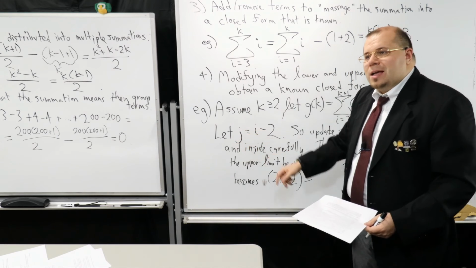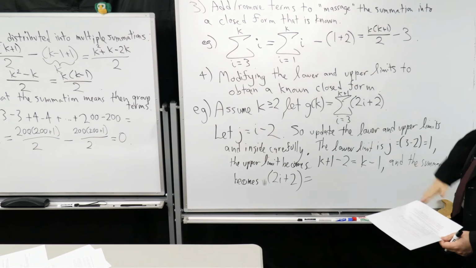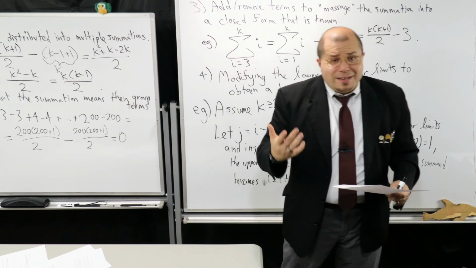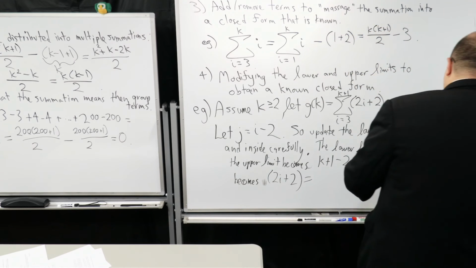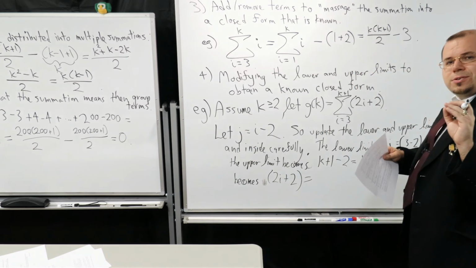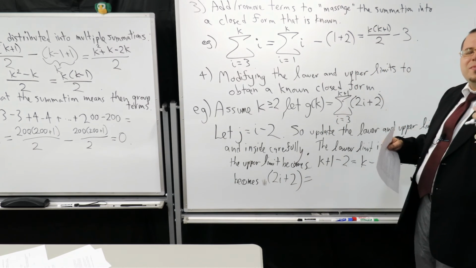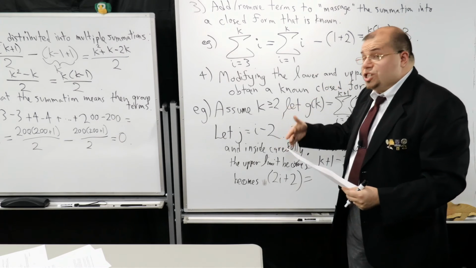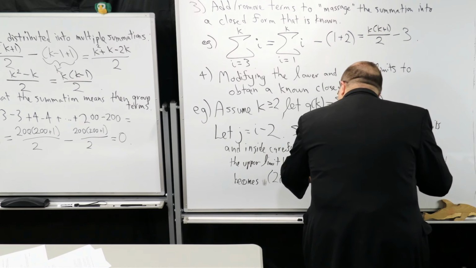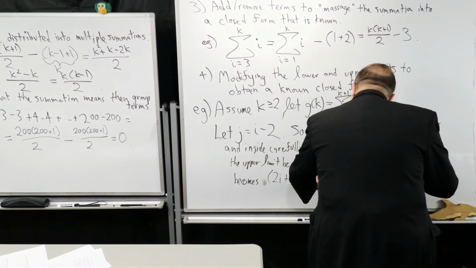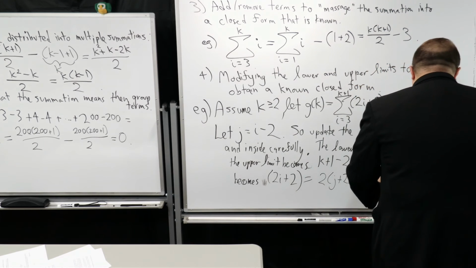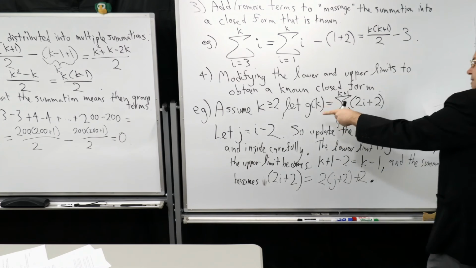So when I bumped everything down by 2, what actually happens is I add 2 to the summand inside. If you're not convinced, just take j is equal to i minus 2, rearrange that so it's in terms of i. So we have i is equal to j plus 2. Just add 2 to both sides of the equation. So you get 2 times j plus 2, plus 2. And this is through rearranging that equation.